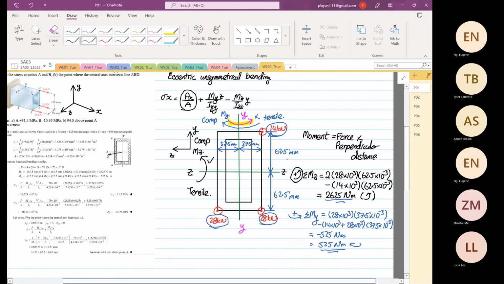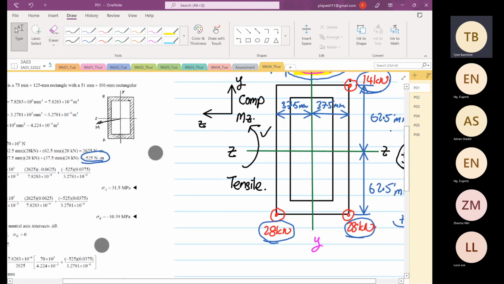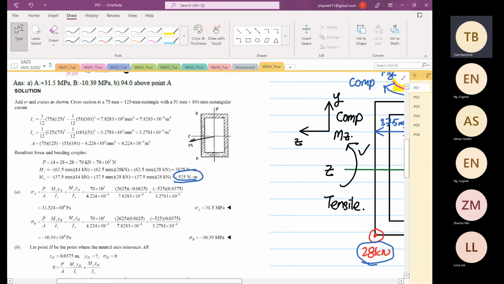Tyler, does that make sense to you now? Yep, it did. And the reason I was just a bit confused was, if you look at my calculation in the solution, they didn't have it. I think now it's just a typo, because the number that you calculated ended up being the same, but they have negative 37.5 times 14, and then plus the other two numbers.